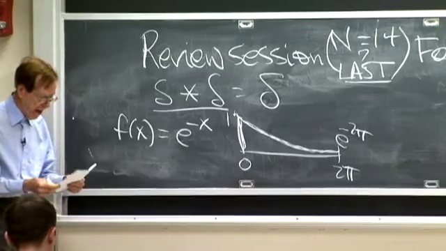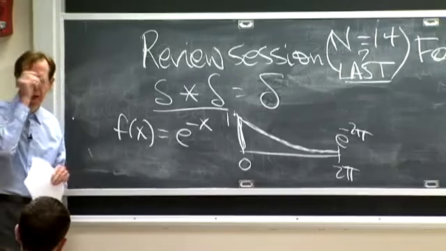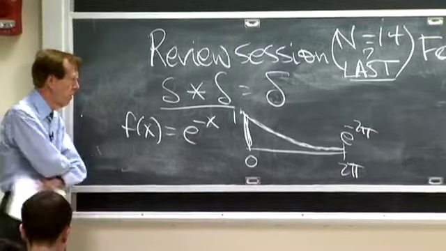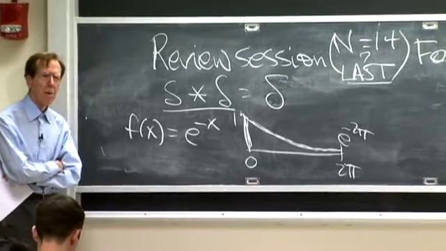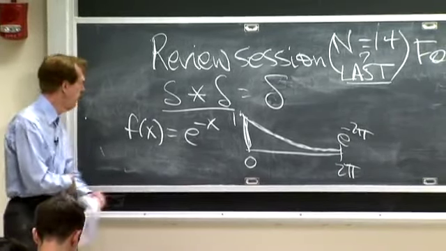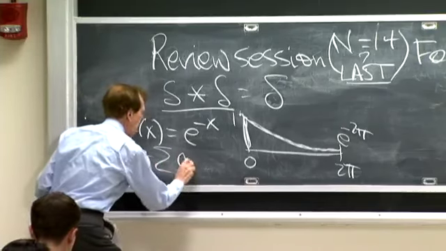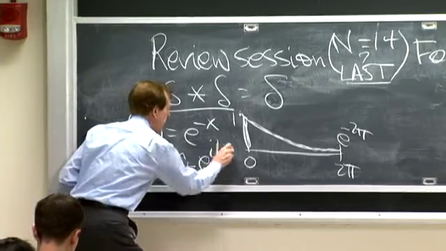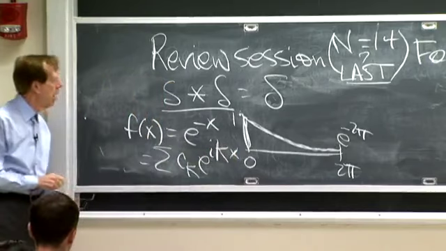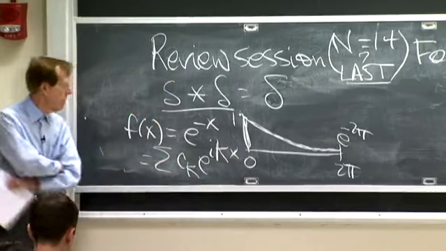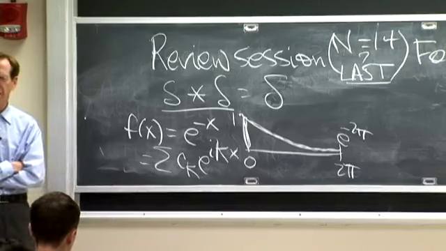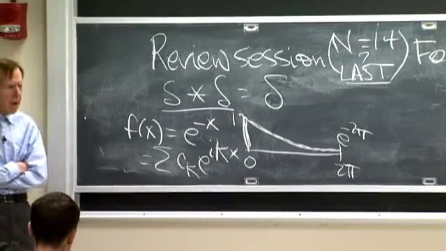And then what's the decay rate? Maybe you can tell me the decay rate even before you tell me the coefficients. What would the decay rate be if I express this as a combination of Fourier terms, harmonics? How quickly will those coefficients drop off? So 1 over k only.